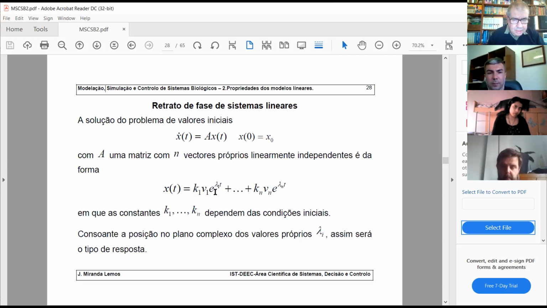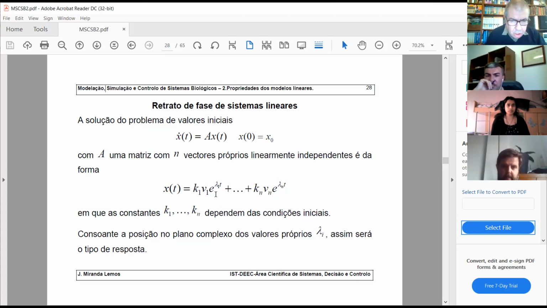If lambda is a complex number with negative real part, the real part is a real exponential multiplying the exponential of j times the imaginary part times t, and this corresponds to an oscillation.